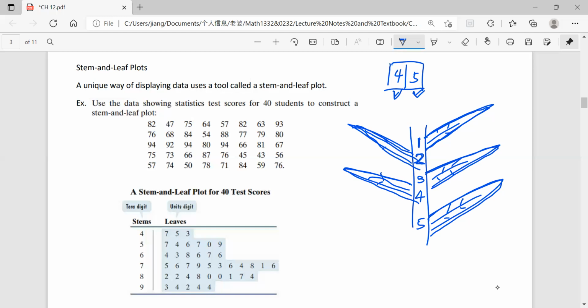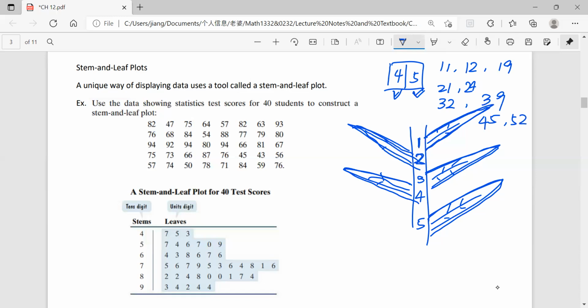For example, I have a lot of numbers like 11, 12, 19, and 21, 24, 24, and 32, 39, and 40, 45, and 52.